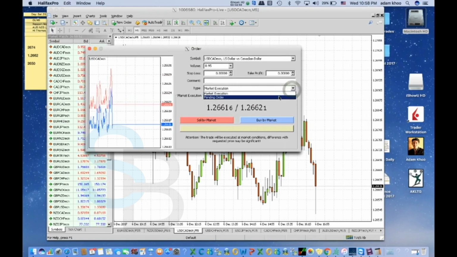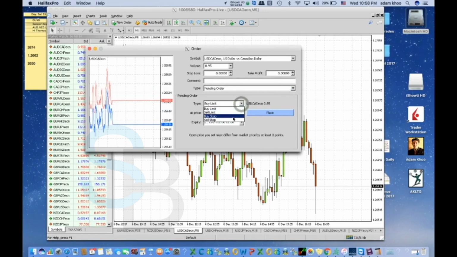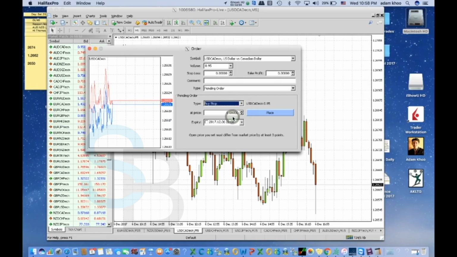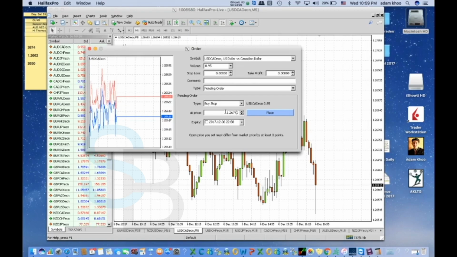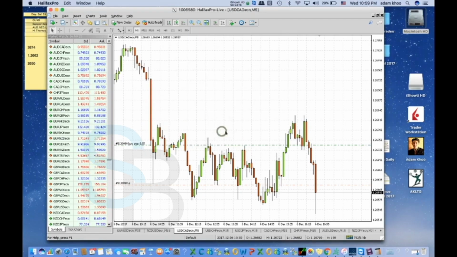So it's going to be a pending buy stop at 1.2674. And my stop loss would be at the current market price, 1.2662. Okay, so my buy order is placed here.